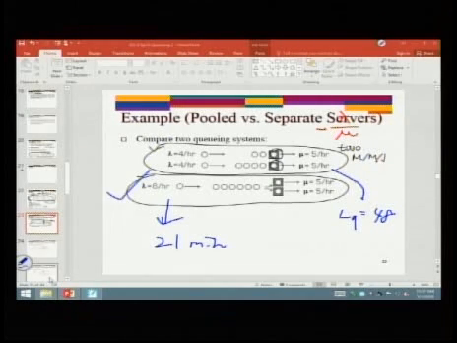The second one is better, right? So by pooling the servers, the average waiting time per customer is reduced by more than 50%. That's amazing, right? For this special case, okay? Does that make sense to everyone? Okay.